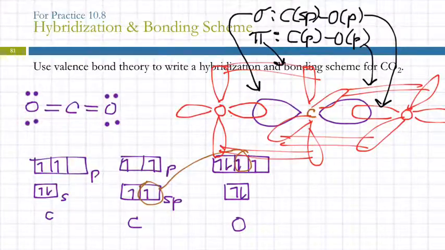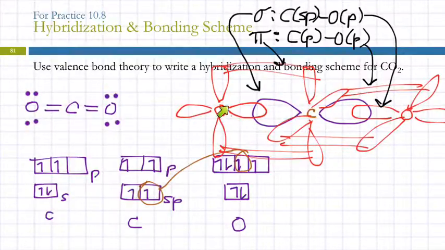I'm confused on how I got the pi. Well, you have to remember that when there's a double bond, it's 1 sigma and 1 pi bond. So the sigmas are end-to-end overlap, and so these hybrid orbitals are going to be used for the sigmas first. And so I used up both of those, making the first bond with oxygen. 1 on one side, 1 on the other.